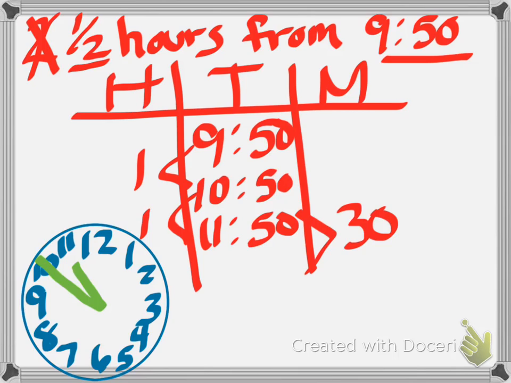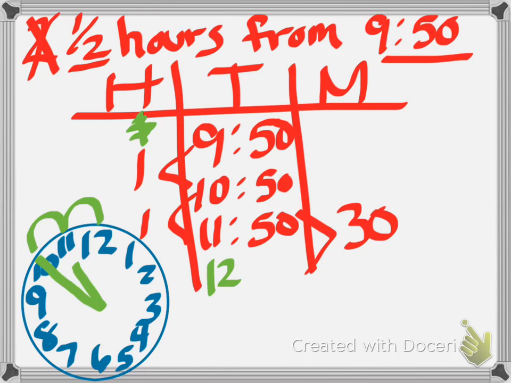So let's go ahead and do that. 5, 10. Uh-oh, we're crossing the 12. So what does that mean? It means we need to add another hour on the hour side. That means that our hour is going up to the 12 because we added an hour onto 11 and we're going up to the 12.